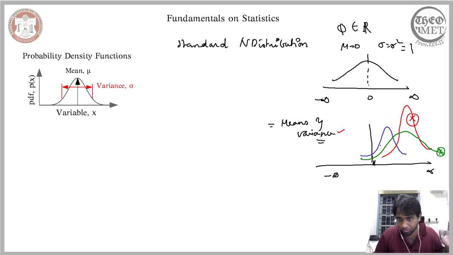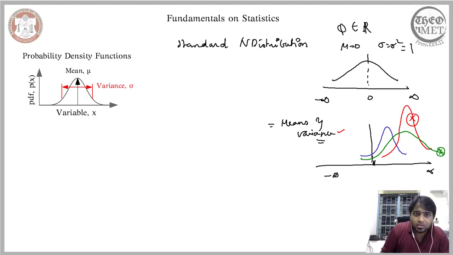If we are able to shift these curves in such a way that all of them are positioned at 0, without changing the variance, then it becomes possible for us to compare their deviations and their different features.